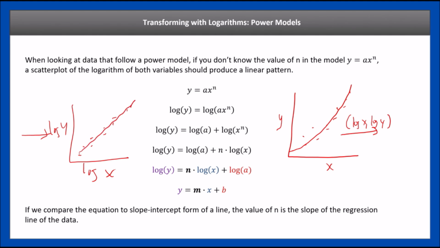Well then, if the slope of this line is, for example, 2, that means the model has to be ax to the second power. All right, so that's how you determine that, once you take the logarithm.